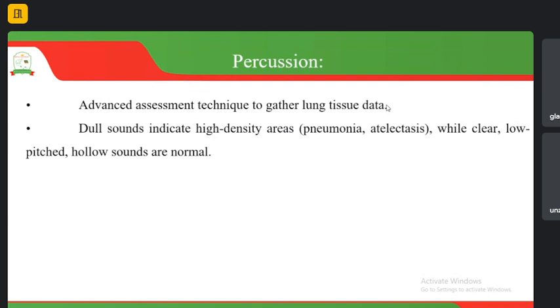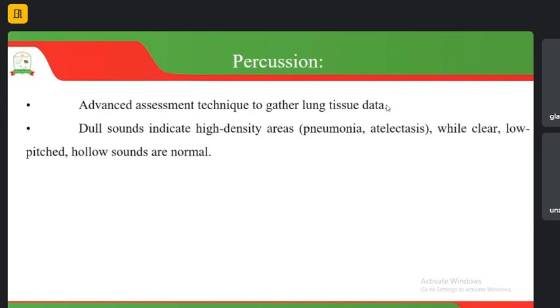When I percuss and this is the sound I hear, then this patient should be having this condition. Or when I percuss and this is the sound I get, this is a normal chest sound. So for percussion, we also need the skills and knowledge of what happens when we percuss the chest.